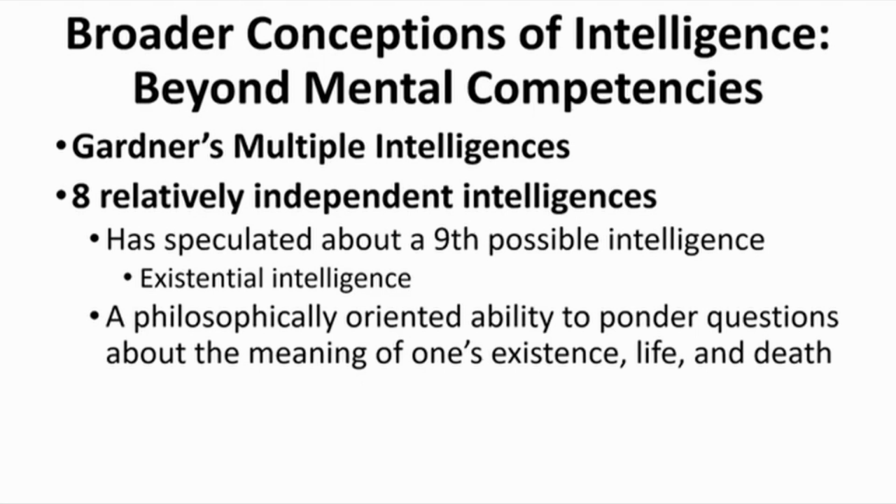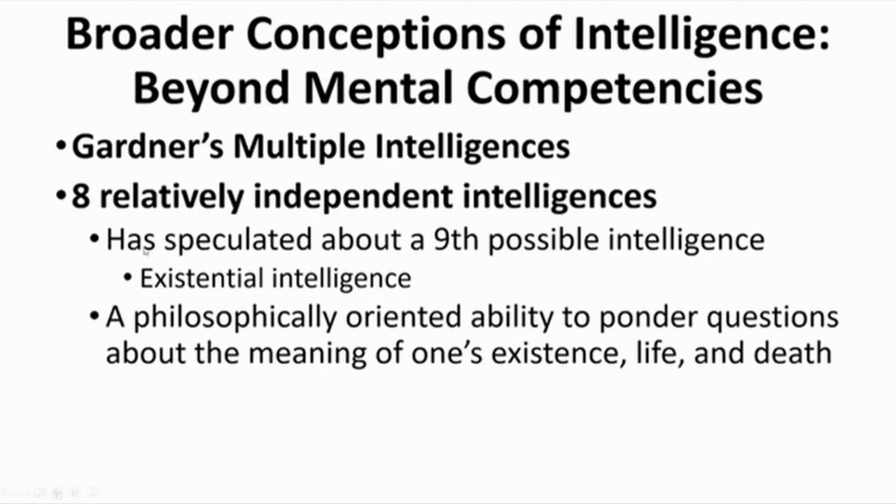And this kind of scope should become a little bit more clear as we actually look at his 8 relatively independent intelligences that were originally proposed. But we should make note that there has been some speculation about a 9th possible intelligence, this existential intelligence, sort of knowledge of your own finite existence, but that one is still quite up for debate.